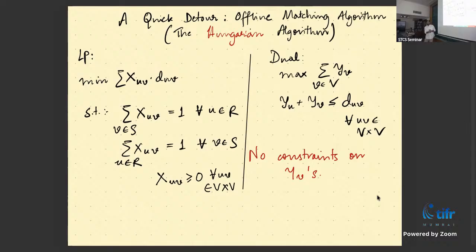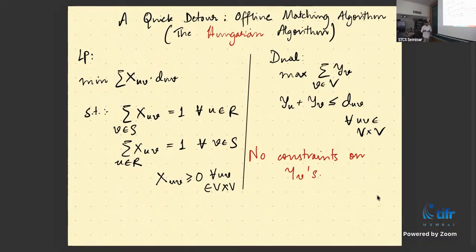And for every edge, it's saying that the total dual on the two endpoints should not exceed the cost of this edge. Interestingly, in matching literature, these duals are also known as prices. The intuition is that these are monies that you are raising on the two sides to pay for the cost of this edge. This will become more evident when I show you how we use the primal and the dual to design the algorithm.